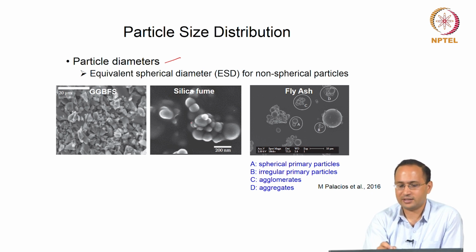In silica fume, you have some spherical shapes, and also some agglomeration. And in fly ash, as we are showing here, you have spherical primary particles, also irregular primary particles, which look not spherical. Then you have agglomerates.